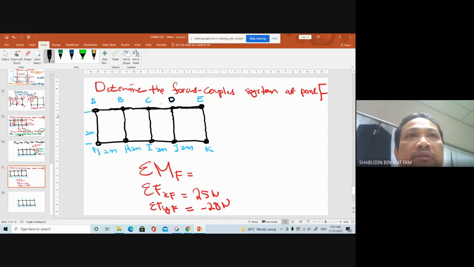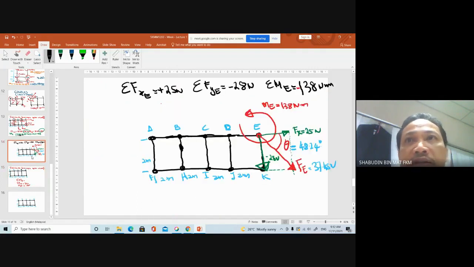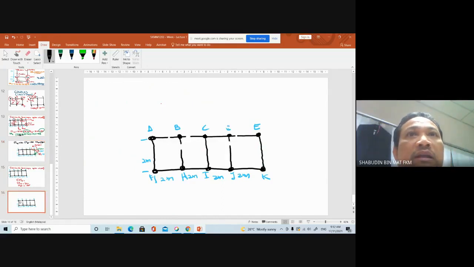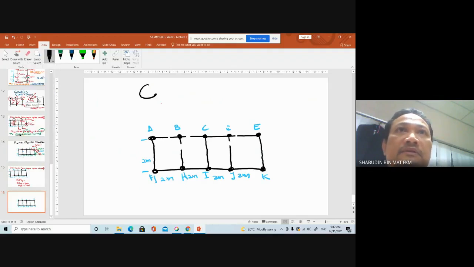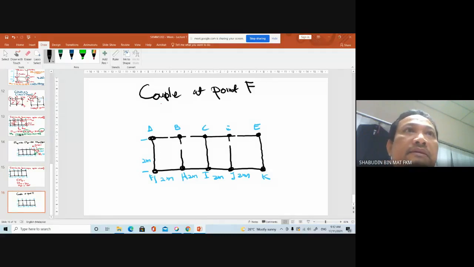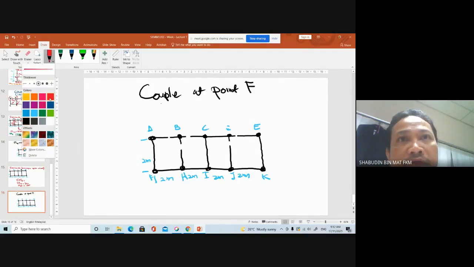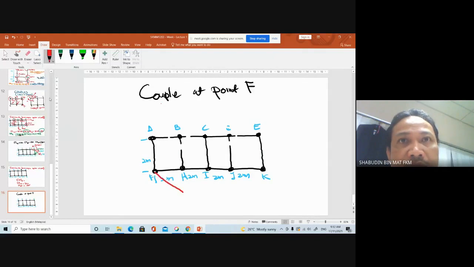Get the moment at point F. Here is point F. The force is unchanged, so at point F you also have the force F. That is the couple at point F. The total force is not changed.